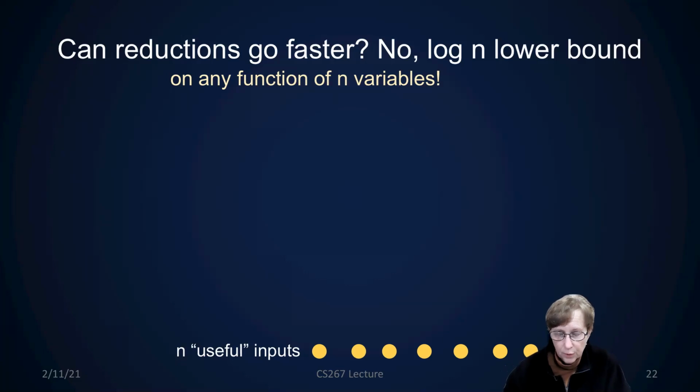What do I mean by useful? I'm trying to figure out how many steps it takes to do any operation at all on n input values, and we have to be doing something useful with the input values. We can't just make them up or throw in extra input values. We're trying to figure out how we can compute on the actual things that we want to do reduction on.